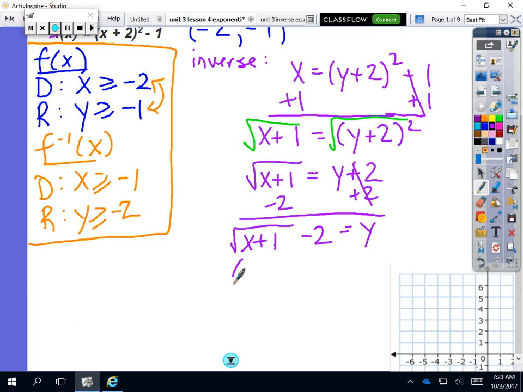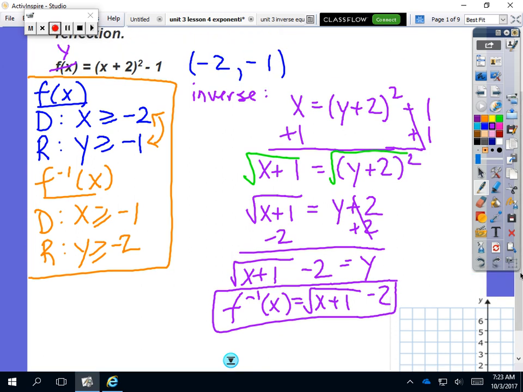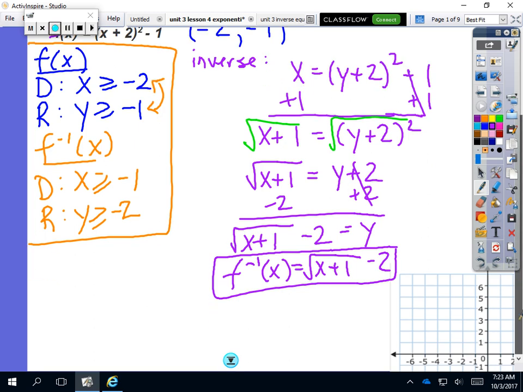And then just put your inverse notation in. Square root of x plus 1 minus 2. There's your inverse. And now all we have left to do is to graph this. So we have to know the vertex of the function, which was -2, -1, to help us graph it.